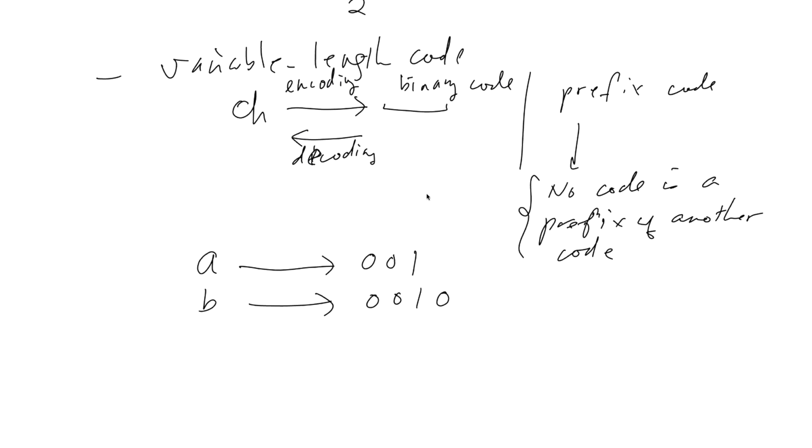When I see 001, I know this will represent A, but if you read one more zero, then it will represent B.